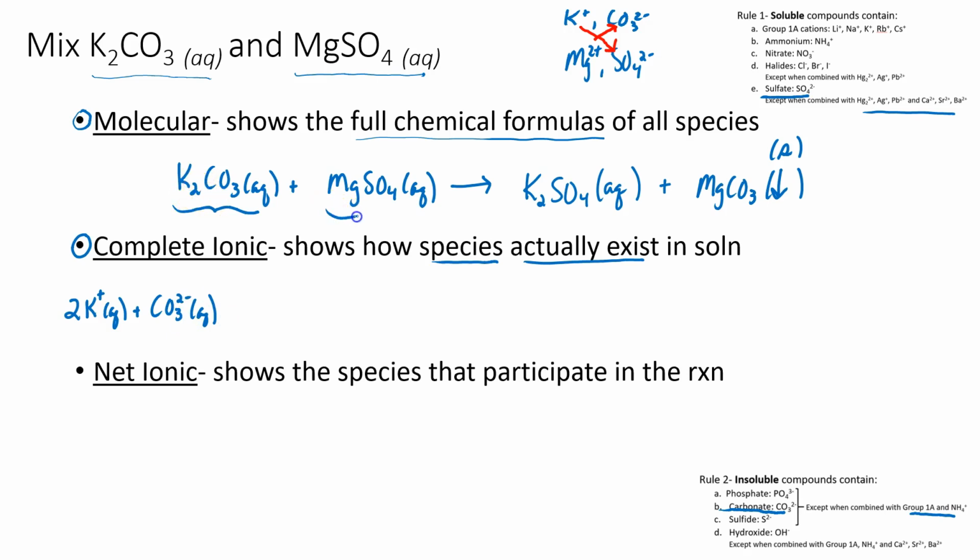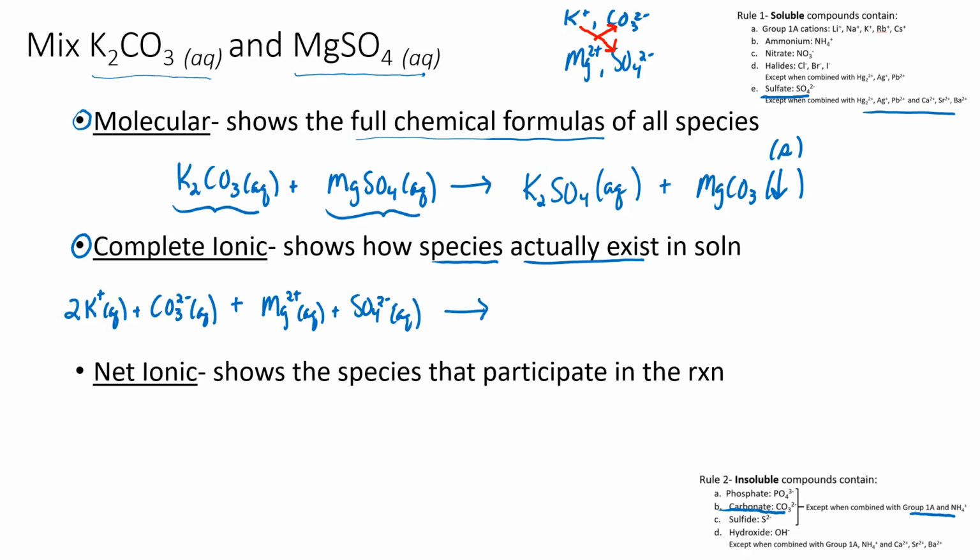The next compound to consider is magnesium sulfate. Again, we have a soluble ionic compound. It's going to dissociate 100% into a magnesium ion and a sulfate ion.